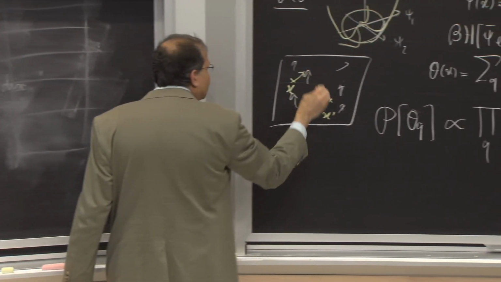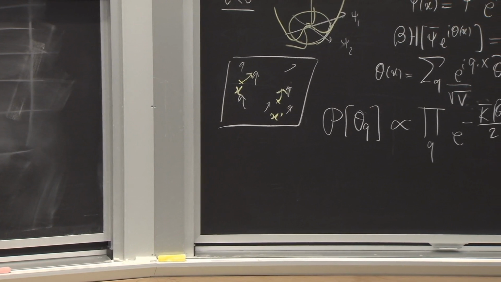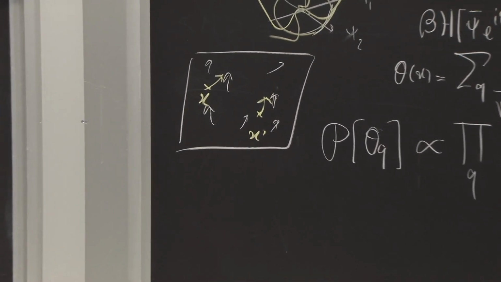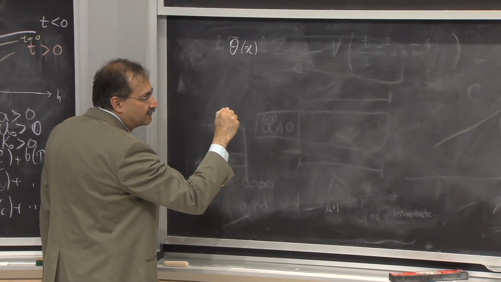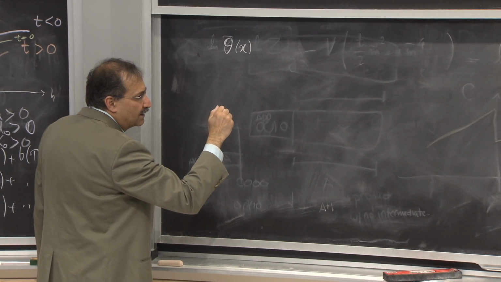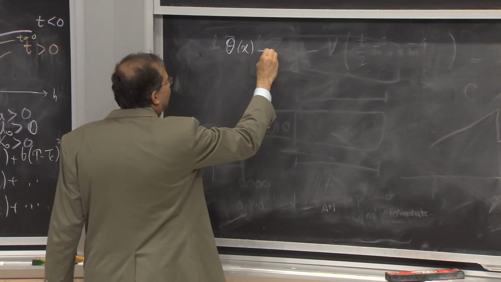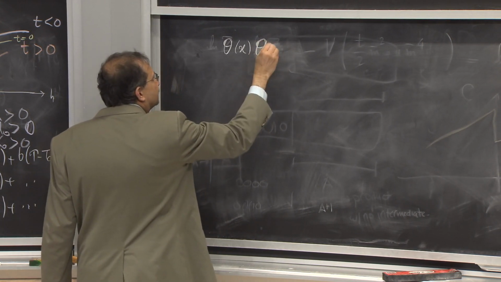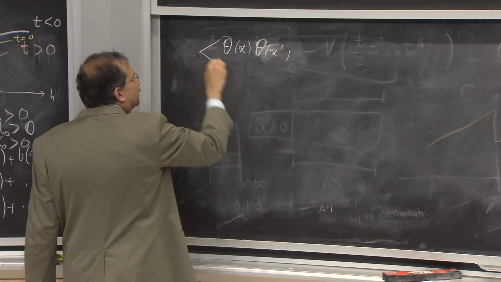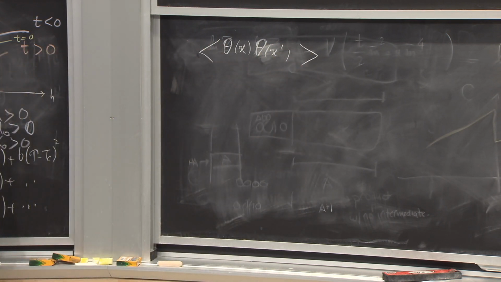I pick 2 points, x and x prime, and I ask how do the fluctuations vary from one point to another point. So I'm interested in theta of x minus theta of x prime. Let's calculate the following first: theta of x, theta of x prime, just because the algebra is slightly easier.